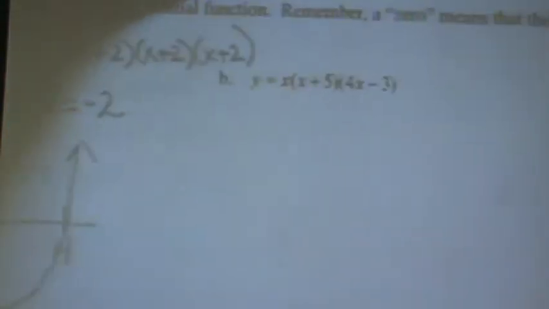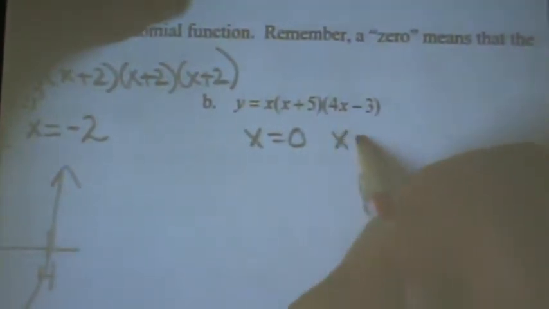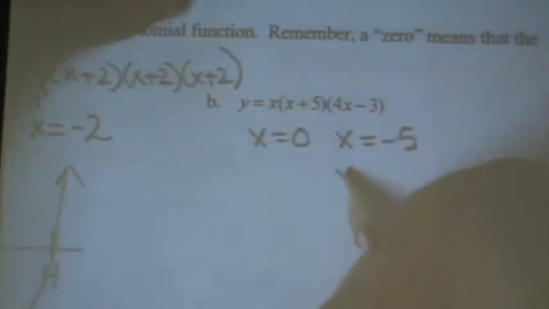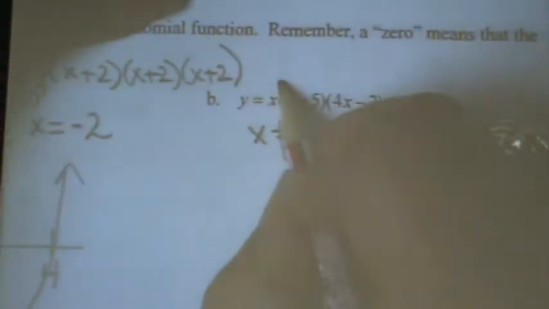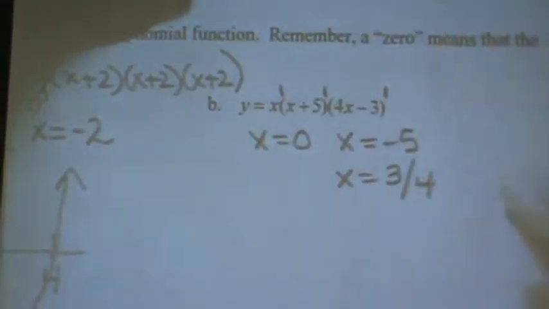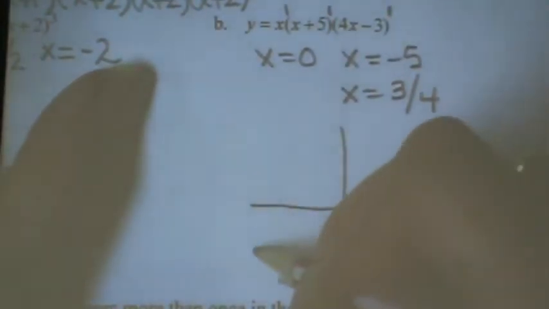But check out this one. What are the zeros? 0, -5, and 3/4. Each of these zeros has a multiplicity of 1. So it's gonna cross through each of them like we did on the other page. It's gonna go through -5, it's gonna go through 0, and it's gonna come through 3/4.